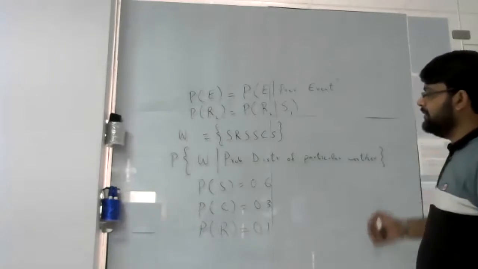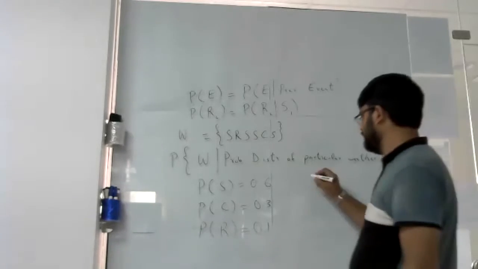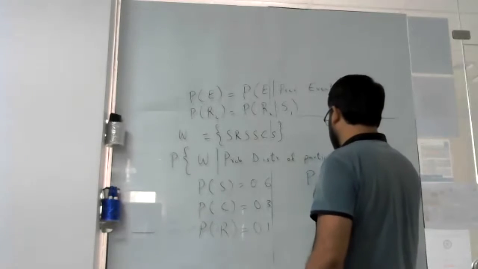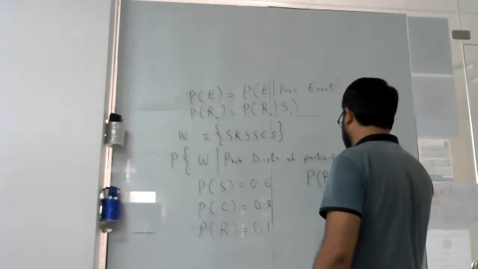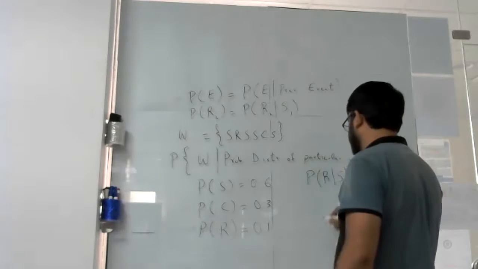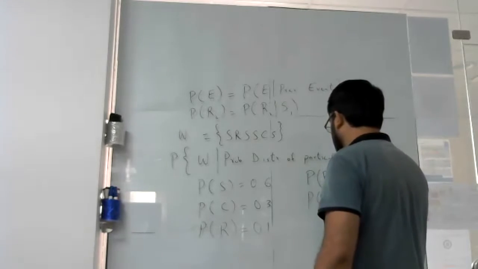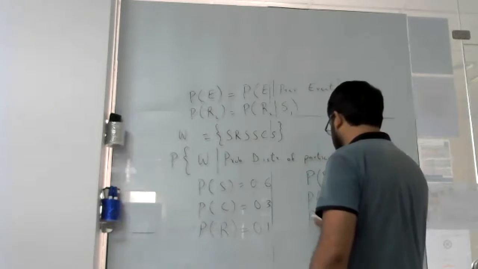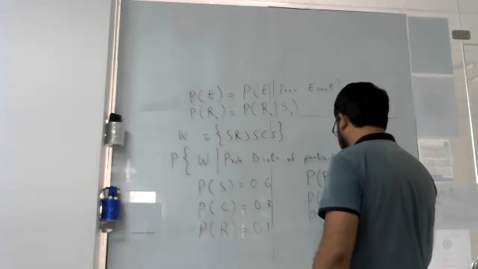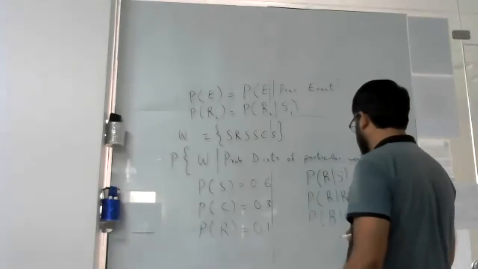But we need more probabilities. We need to know the probability distribution of actually observing a rainy day given the previous day was sunny. We need to know the probability of observing a rainy day given that the previous day was rainy, and given that the previous day was cloudy.